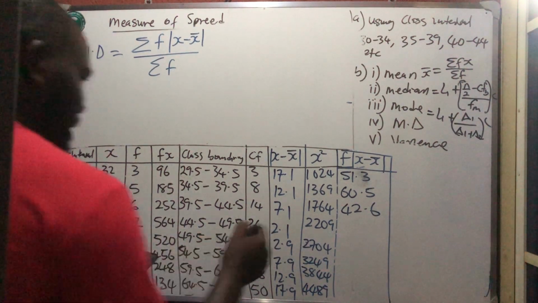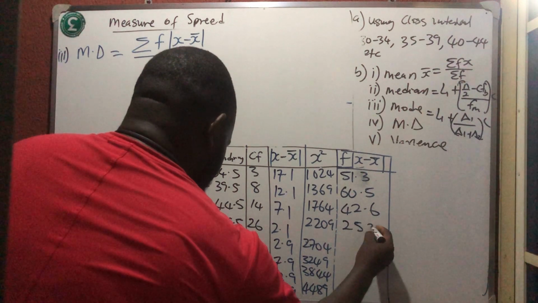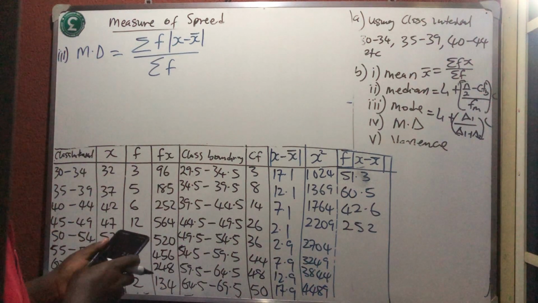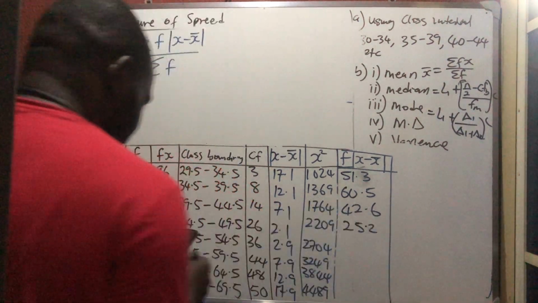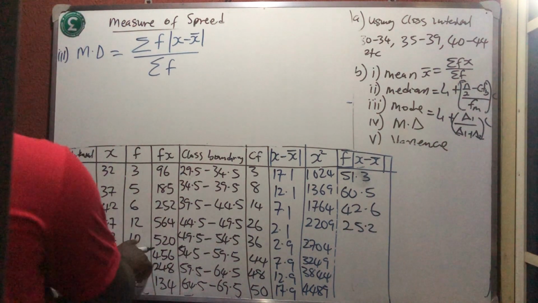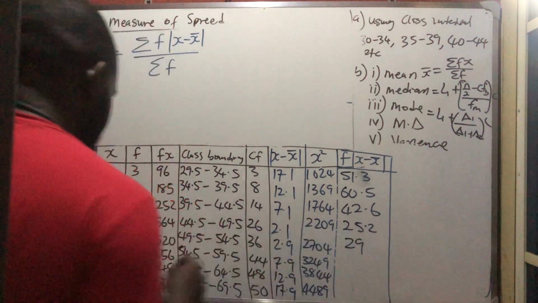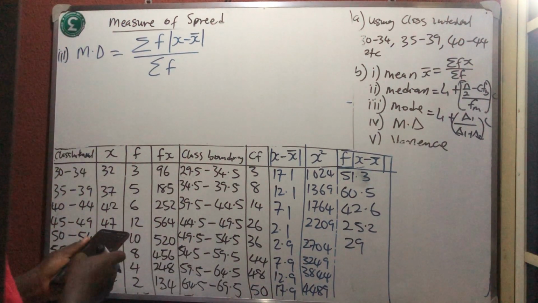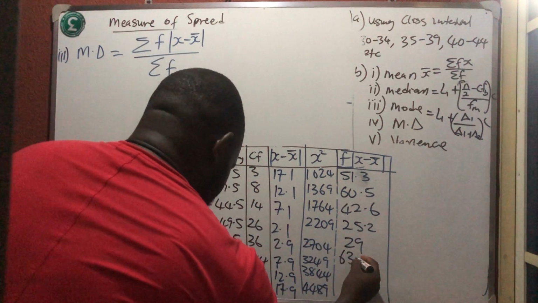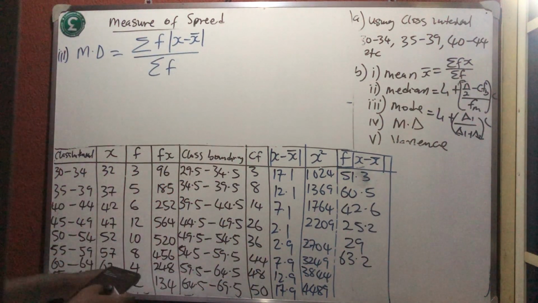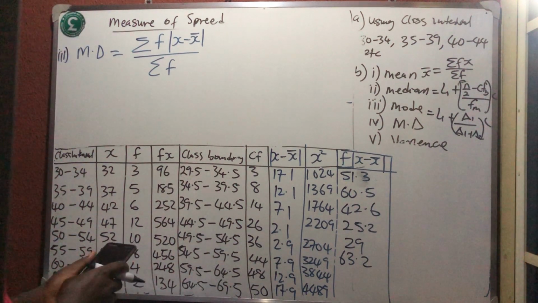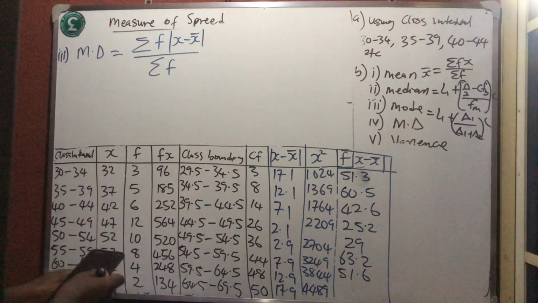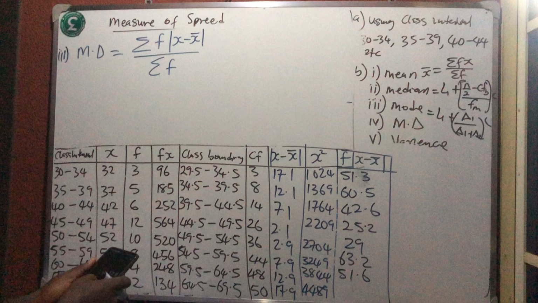I'm having 25.2. So the next one is 10 times 2.9, which is 29. The next one is 8 times 7.9. So I'm having 63.2. So the next one is 4 times 12.9. So I'm having 51.6.